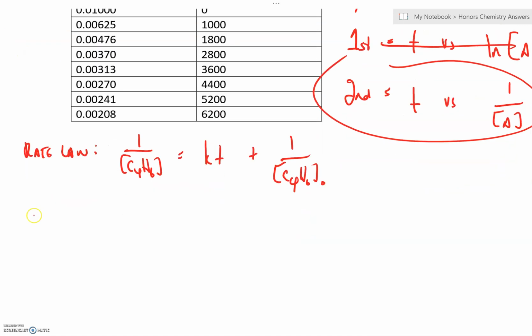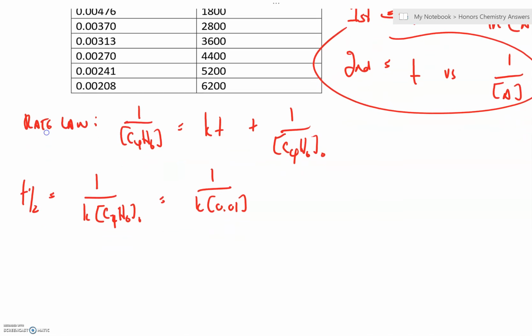And it follows that the half-life is 1 over the rate constant k, which we don't quite know yet, times the initial concentration, which we could simply say is C4H6 at time 0, or we could write it like this. Okay, but we don't know k yet.